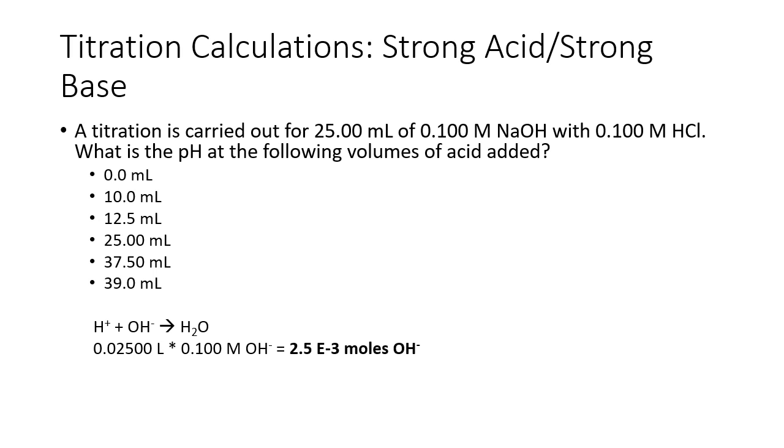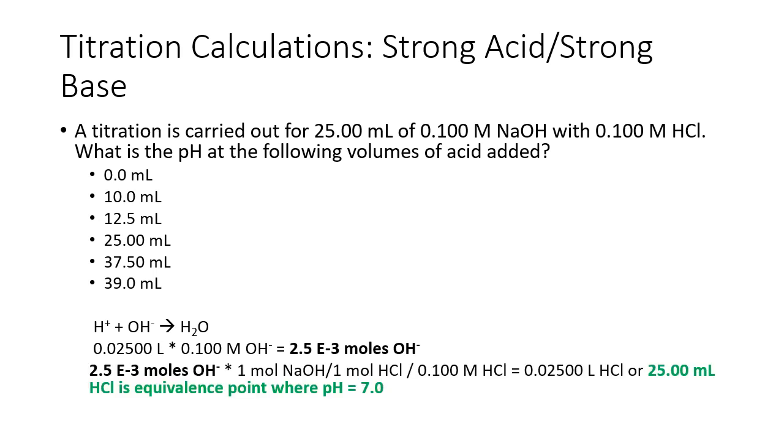If we're really observant, we notice that these are both the same concentration, so 25 is going to be the equivalence point, but let's assume that they aren't the same concentration, so we would do moles of OH minus times the mole-to-mole ratio from the balanced chemical equation divided by the molarity of the acid. And lo and behold, we do in fact get 25 milliliters. So pH there is going to be 7, because this is a strong acid, strong base titration.